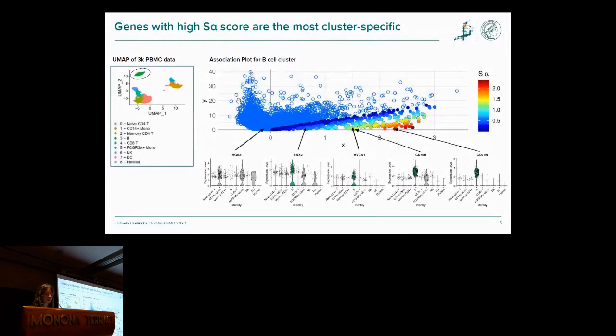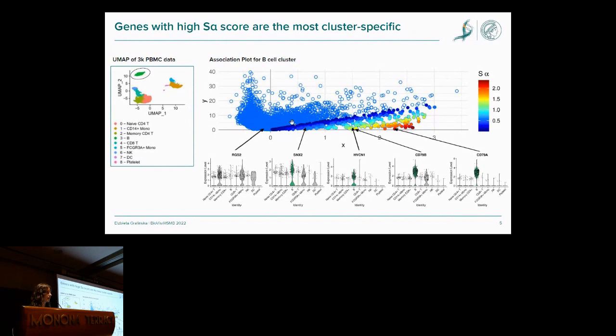For example, here in this association plot, you can see the genes which are located on the left side, and they have a very high Y coordinate. I can already say, based on this association plot, that these are the genes which are specific for some selected cluster of cells. And the genes which are not overexpressed in any of the clusters and which are uniformly expressed across all of the cells will be located here, very close to the origin.